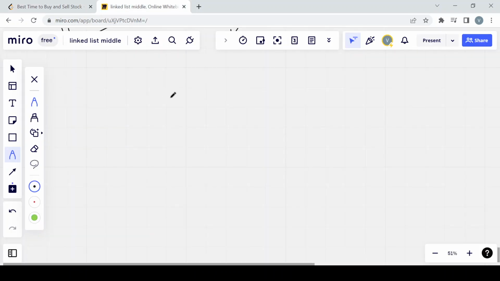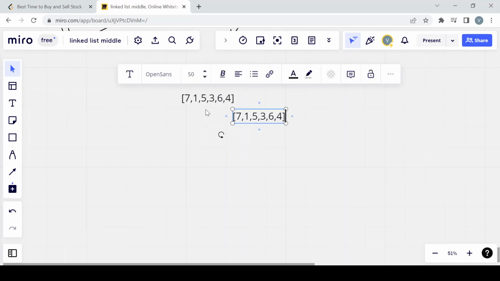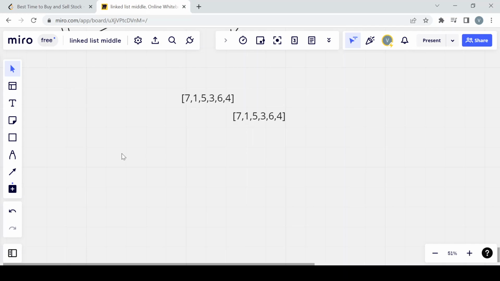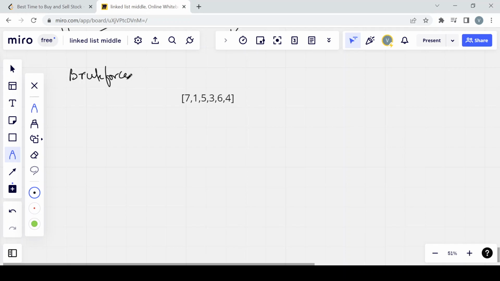So how can we solve this problem? Let's see. I have taken this example. One way is to do it via brute force. So how will we do it by brute force?